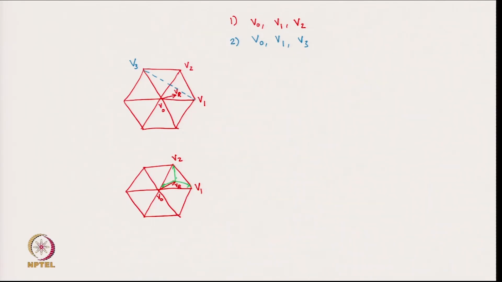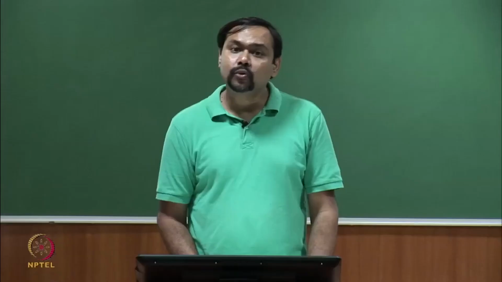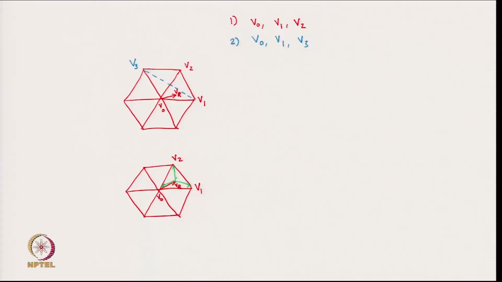This instantaneous error is the source of harmonics. You see here the instantaneous error, if I switch V0, V1 and V3 instead of switching V0, V1 and V2, the instantaneous error will be more.